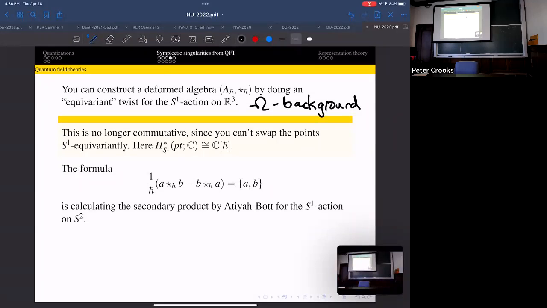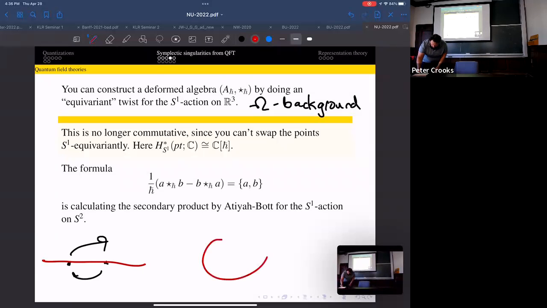Whereas before I said I can take my 2 points and swap them, if I'm doing rotation around a straight line, I can't swap them in a way that's S1 equivariant. So my argument that I had a commutative algebra just goes away. And in fact, you can see there's a relationship between this multiplication and the Poisson bracket. I just like this story.